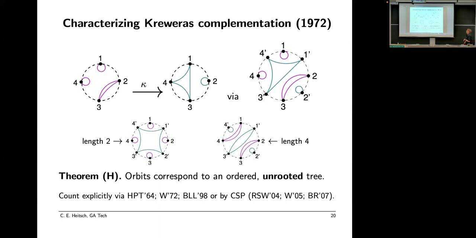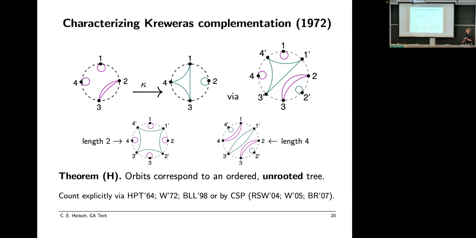And so if you recognize that these are ordered unrooted trees, you can then count them, so the number of orbits under Kreweras complementation, using either standard tree counting methods, Perry, Prodinger, and Tutte, Walkup, Lebon, and I can never remember their names. Bergeron, Labelle, and... or by the cyclic sieving phenomenon.